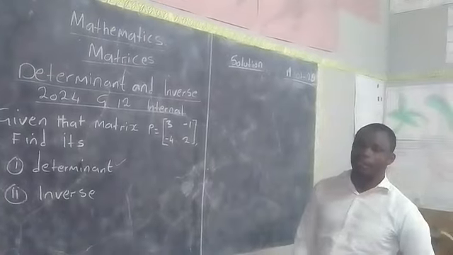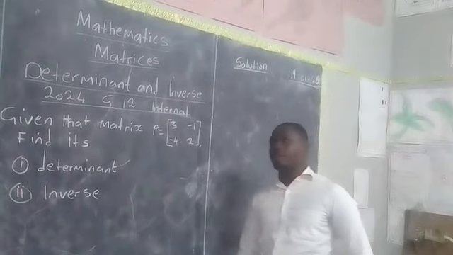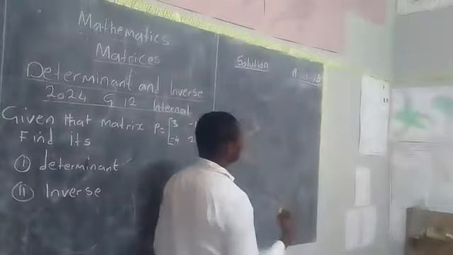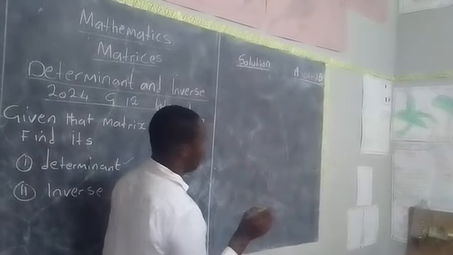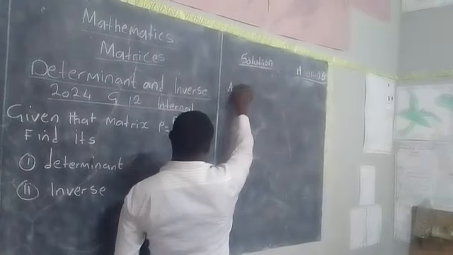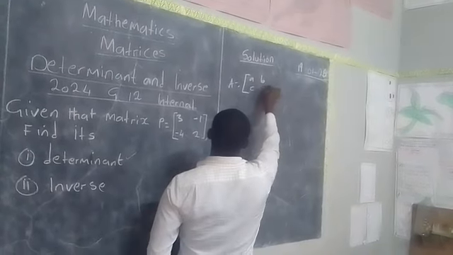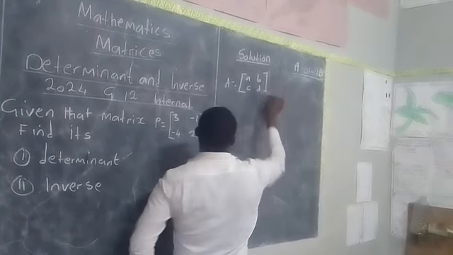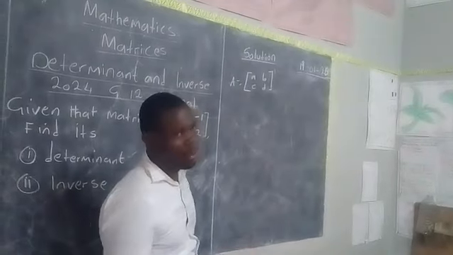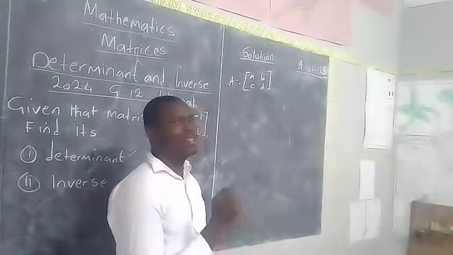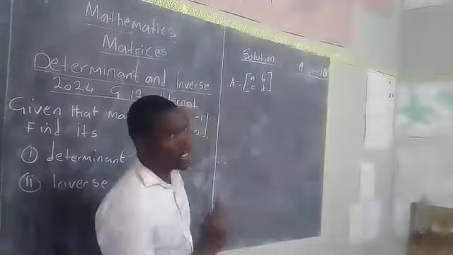Now, here is the formula for the determinant. Imagine this is matrix A, where A is equivalent to A, B, C, D. Then you are told to find the determinant. How can you find the determinant? The formula goes like this.